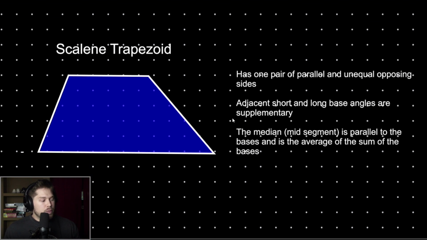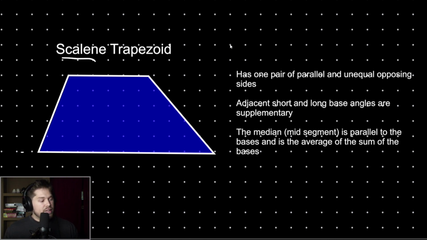Okay, moving forward, first up we have our scalene trapezoid. Now the word scalene, you may be familiar with it from our scalene triangle. And what is a scalene triangle? It's simply a triangle where all three of the sides are different in length. None of them are congruent.